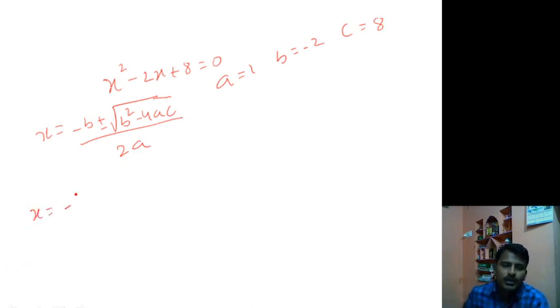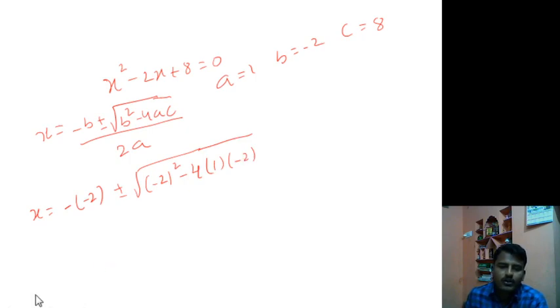X is equal to minus of minus 2 plus or minus square root of minus 2 square minus 4ac. C equal to how much? 8. Take the whole divided by 2 into a.